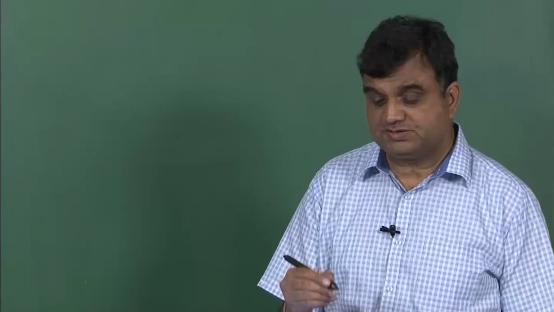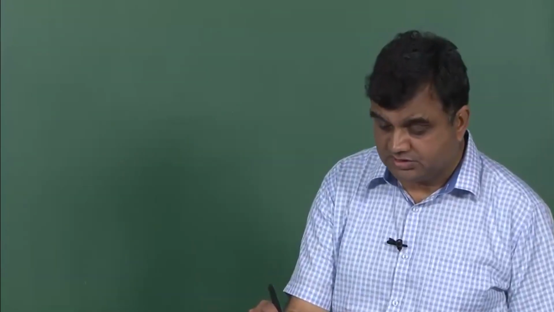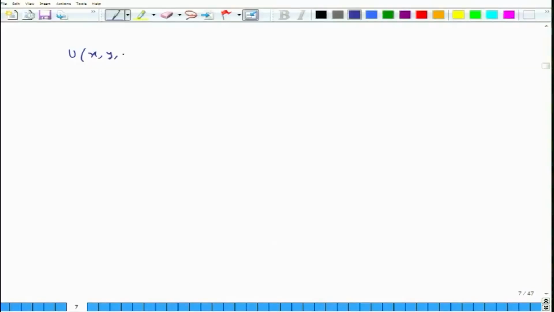So, we had shown that u, which is the displacement at any location in a composite, where any location is specified by these coordinates, can be written as the mid-plane displacement u naught at location x, y minus z times the slope of the plate at that particular point, del W naught over del x.